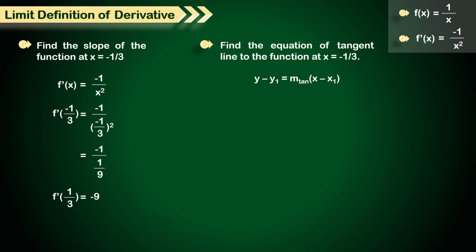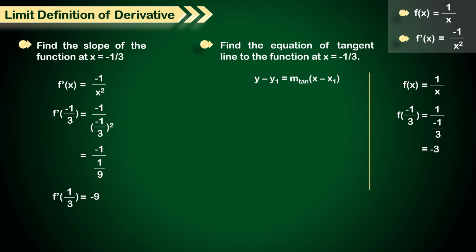To complete the values needed in point-slope form, solve the y-coordinate. To find the y-coordinate, use the function. Substitute the x-coordinate. f(-1/3) is equal to 1 over -1/3. Simplify. The y-coordinate is -3.